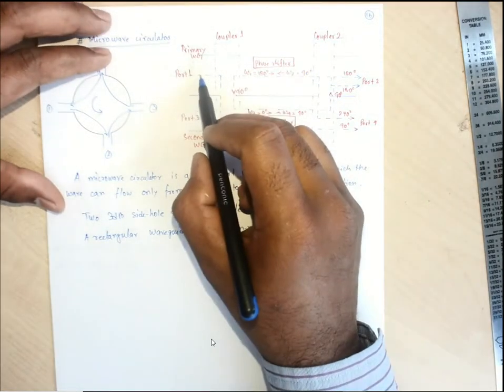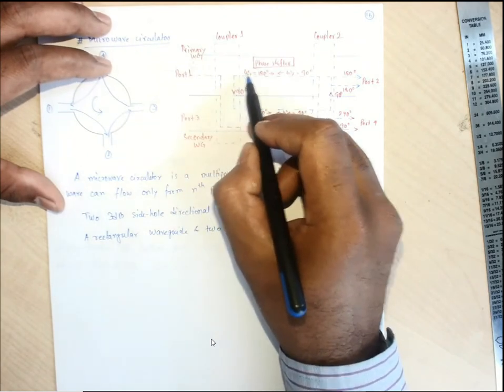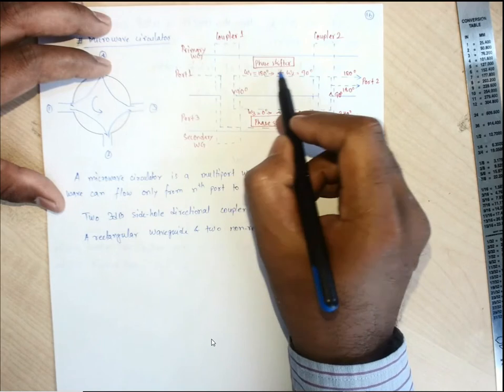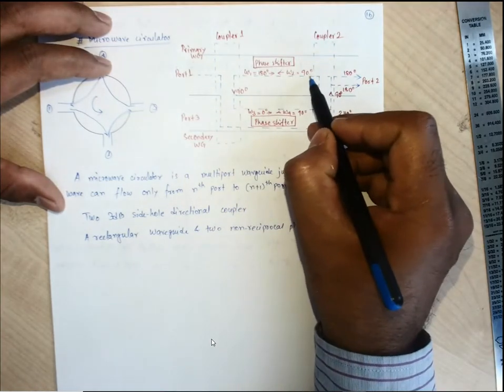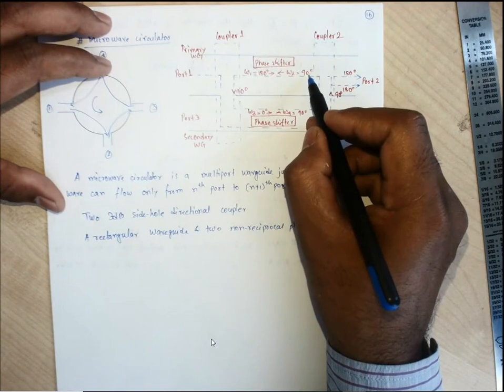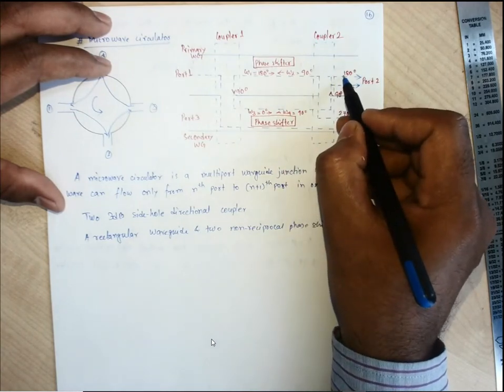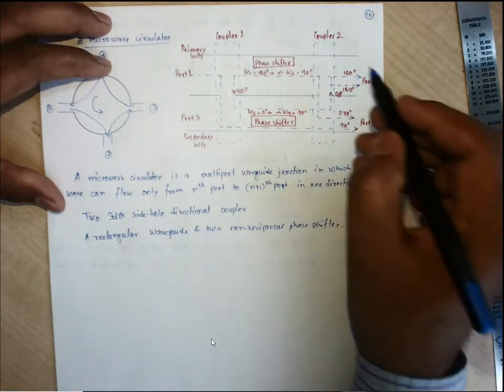From this coupler 1, it has 0 degree phase shift, but it is given to a phase shifter which produces 180 degree phase shift. So up to this part, it has 180 degree phase shift. Now when it enters coupler 2 and comes out of the throw port of coupler 2, it has the unchanged phase shift of 180 degree.